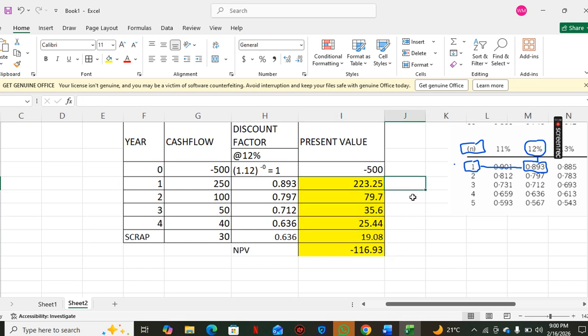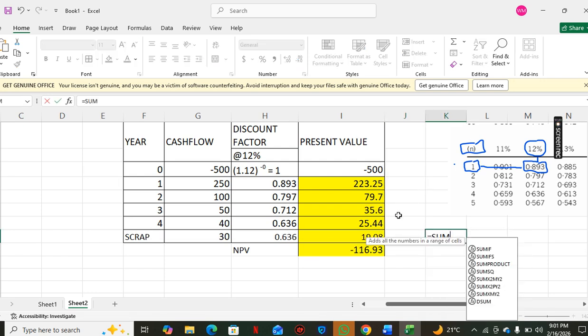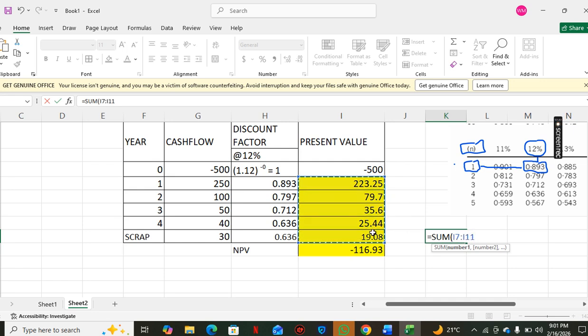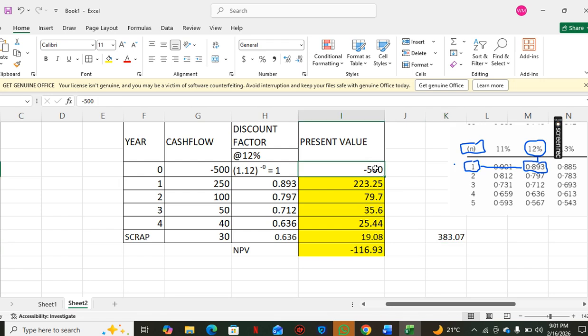The other way you could have done it, you can just total up all the returns first. Total returns, total present value. This is the total return you are getting, the total money that you're going to get. So you are comparing it against this 500, and you can see it's less than the 500.